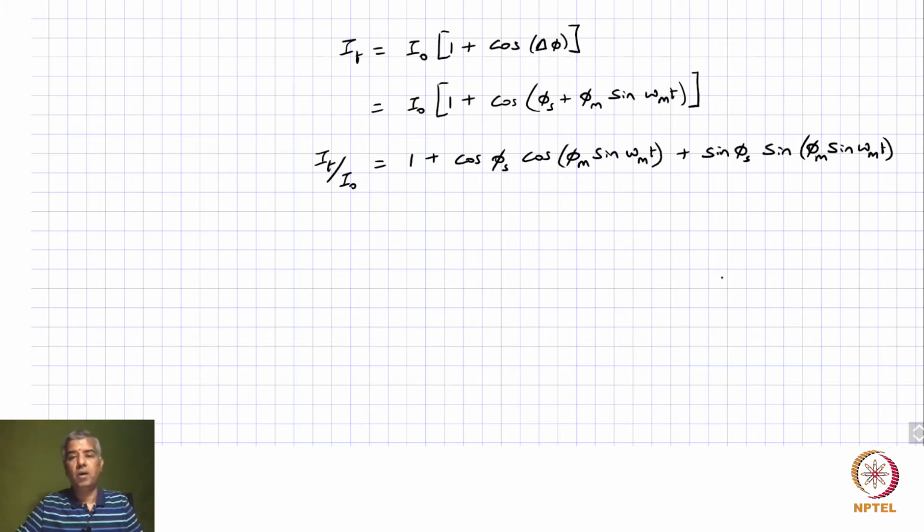So when you have a cos of sine, you essentially have all these even Bessel function terms. So you have components at 0, 2 omega m, 4 omega m, 6 omega m, and all that. That's what this term is giving you, and this term is going to now give you all the odd Bessel terms, right? So we can write it out like we did previously.